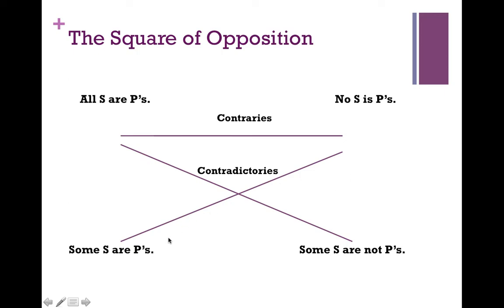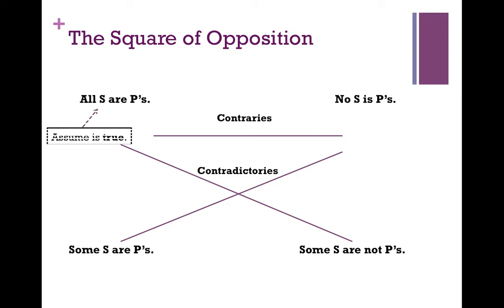These are Xing each other out. They're contradicting each other. And just know that the truth value of this is always the opposite of the truth value of this statement, and vice versa. And the truth value of an E form statement is always the opposite of the truth value of an I form statement. They contradict each other. They X each other out.